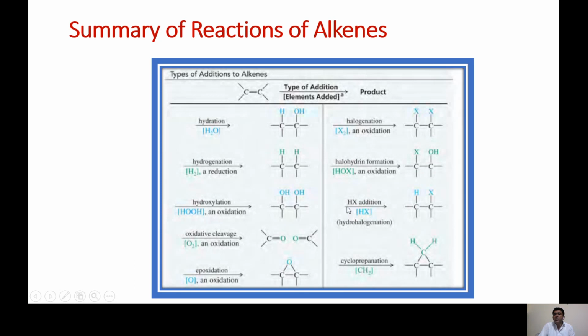And the last one we talked about is HX, hydrohalogenation. One carbon gets the H and the second carbon gets the X, converting into the alkyl halide. And this carbene is not added here in your book. This is the summary you must keep in mind, and you can learn all the reactions from this table.